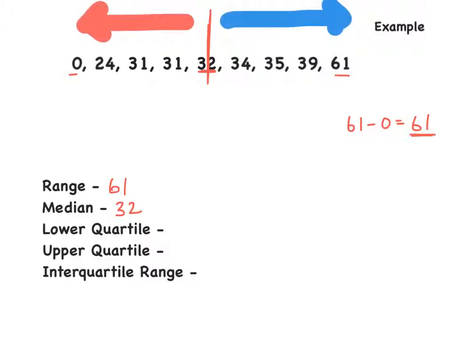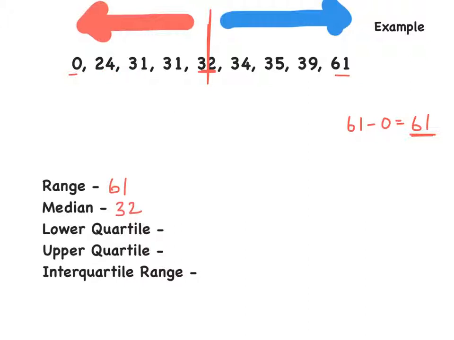Now, I want to find the lower quartile. So I'm not going to use the median. I'm going to just use from 0 to 31. So I go from 0 to 31, 24 to 31. Now, we have 2 numbers that are right in the middle. We have 24 and 31.